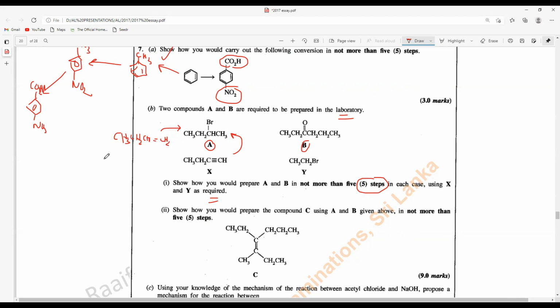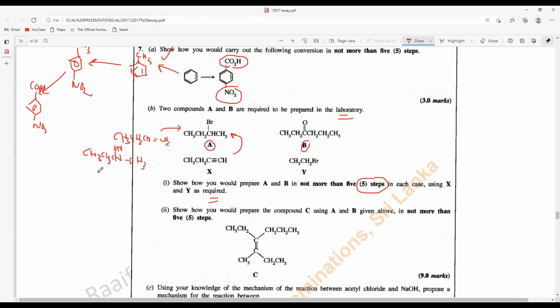Or maybe this can be CH3, CH2, CH alcohol. Here there is OH, then you convert that using PBr3, to convert this OH to Br, right?